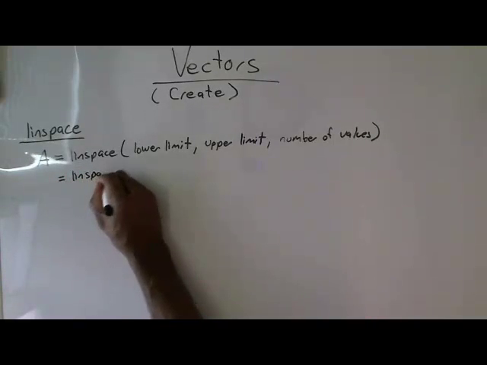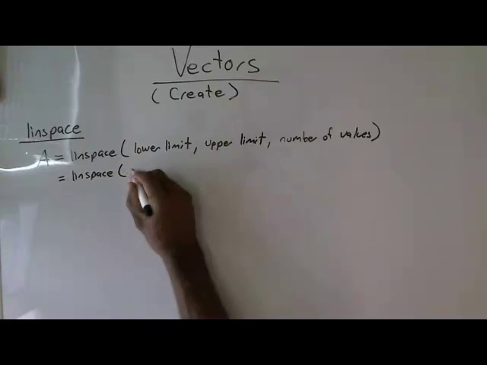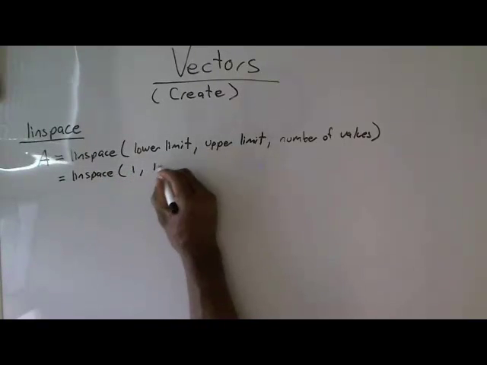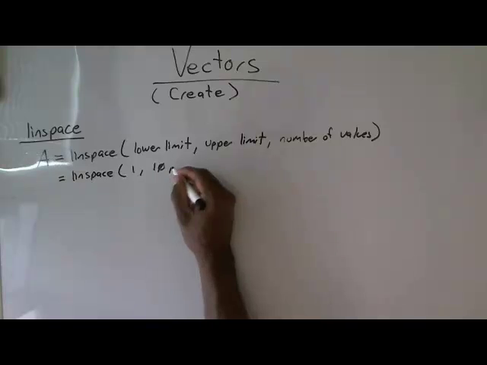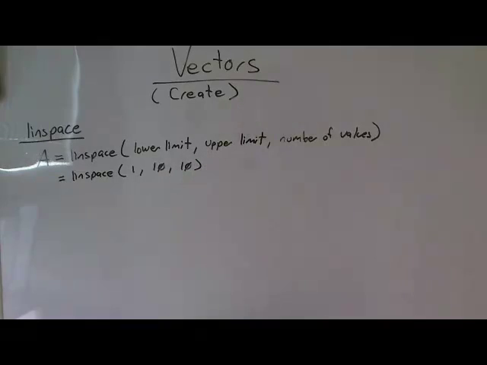If I do Linspace, lower limit 1, upper limit 10, and then the number of values to be 10, it's going to give me 10 evenly spaced values starting at 1 and ending at 10.